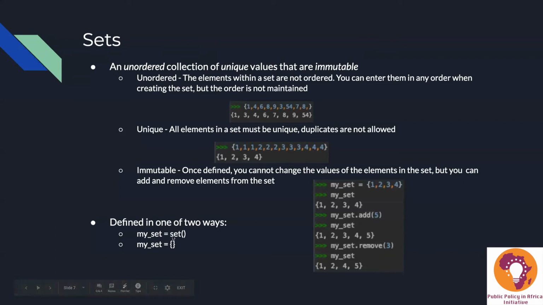A function is kind of standalone. So we use the set function, also called a constructor. You have my set equals set here, and this creates a set. But you could also just have my set equals, and then give an empty set, with your curly brackets and nothing in it. That's an empty set at that point.